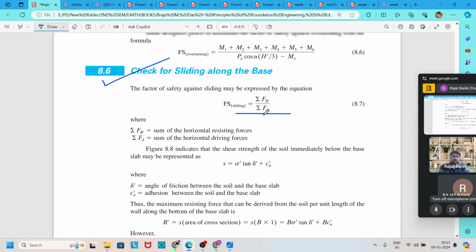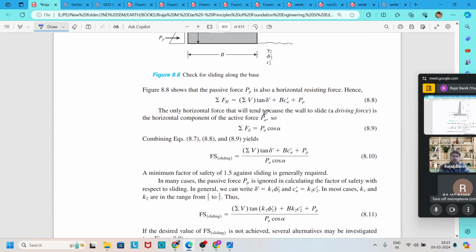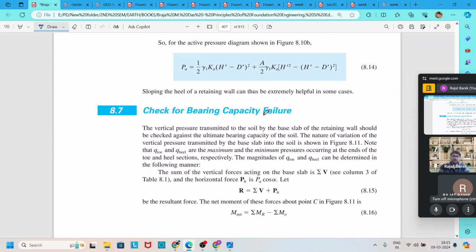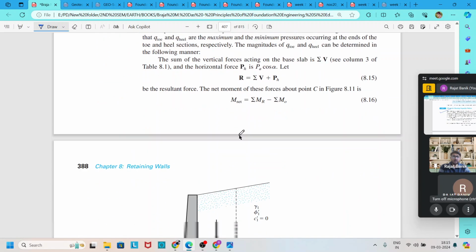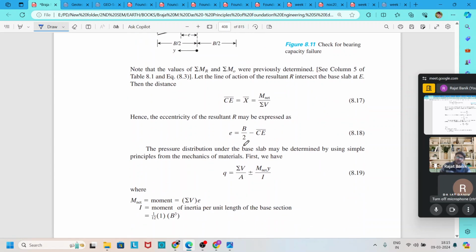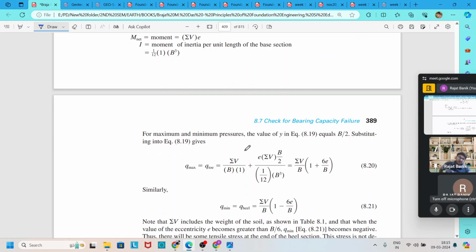Again we have to satisfy this sliding, and after that, at last, we have to satisfy the bearing capacity failure and find out the minimum and maximum bearing pressure at the base of the retaining wall, and try to find out the tension zone.